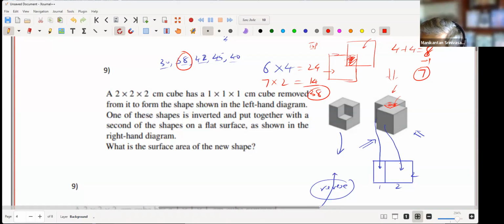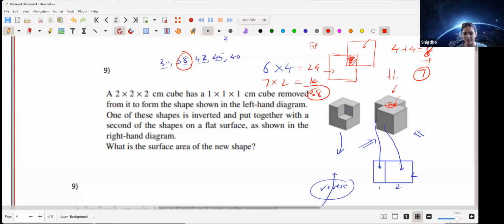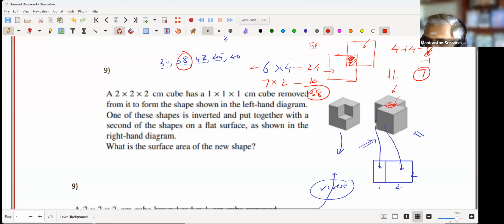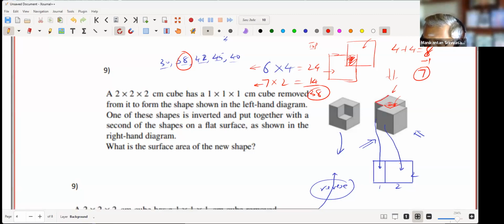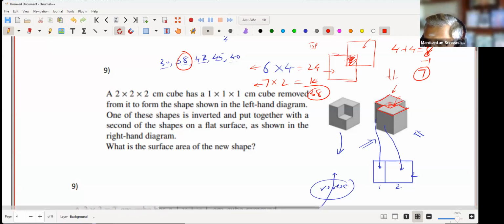What is the doubt? Sir, I didn't understand why it was 7. You understood the 6 into 4? Yes. Okay, the 7 into 2 is what you didn't understand. From the top, you agree that the shape is this, which is 2 overlapping squares, right?